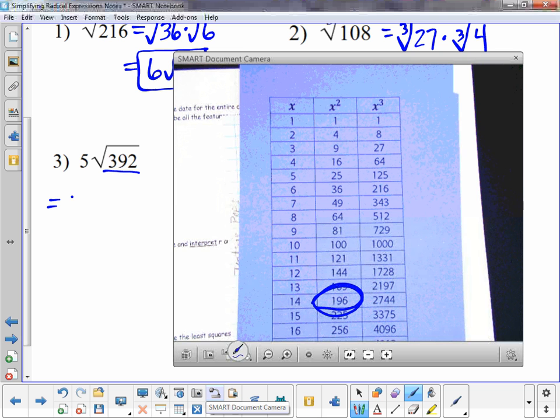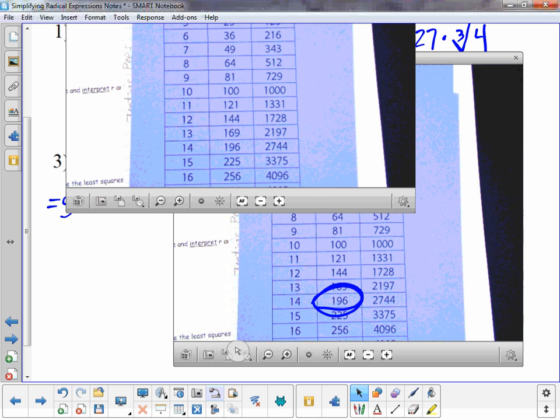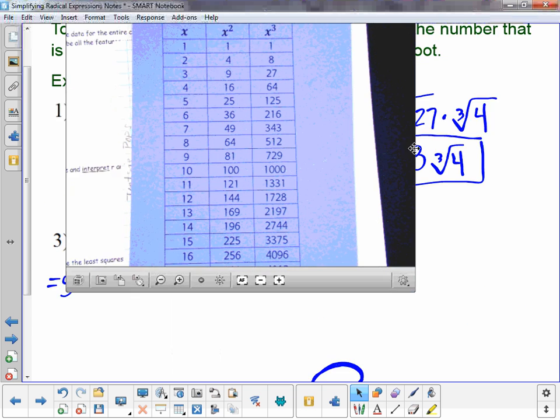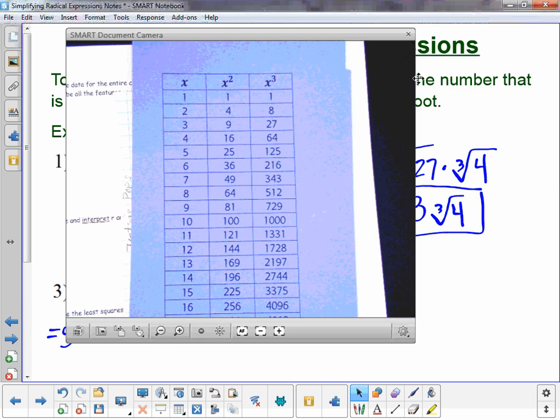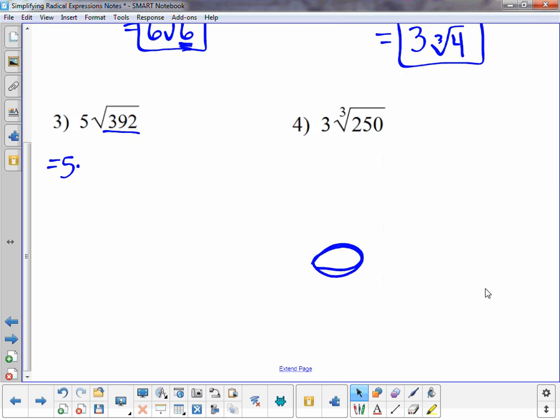So then it will be 5, we have out in front, times the square root of, what was the perfect square that we found? 196.